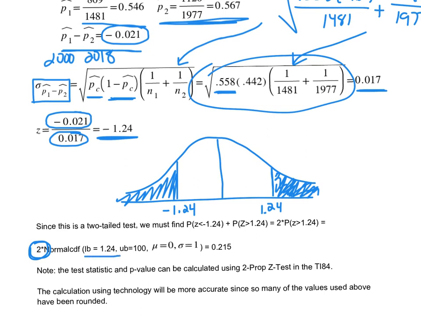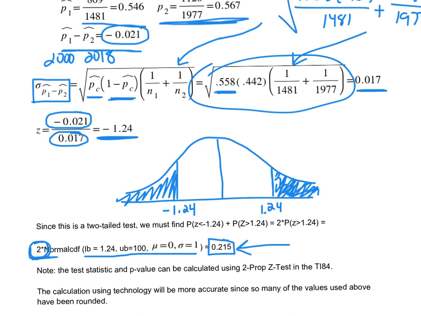And we used a lower bound of 1.24. You could have used an upper bound of negative 1.24 and a lower bound of negative 100 as well. Either way, you'd get half of this. This is already doubled since it's 2 times. So that's your p-value. That's a probability value. The probability that you would land in either one of those tails.